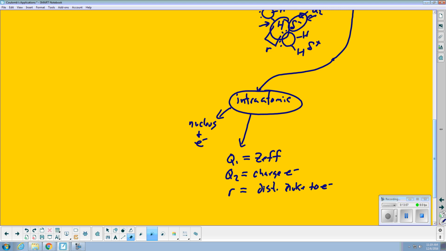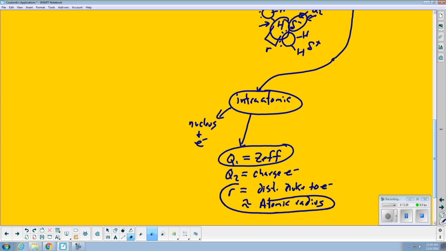And if we're talking about my valence electron, what is that? The distance from the nucleus to the valence electron is what? My atomic radius. Good. So those are the key ideas. Q1 is my Z effective. R is my atomic radius.